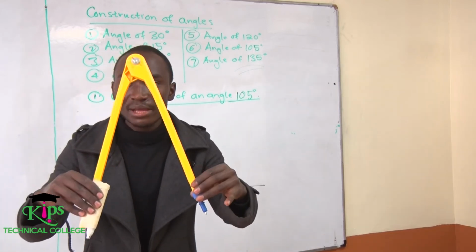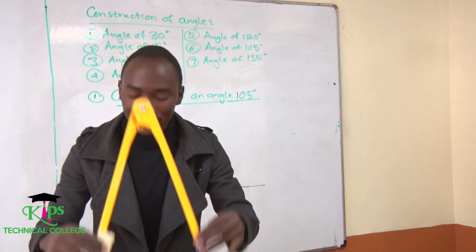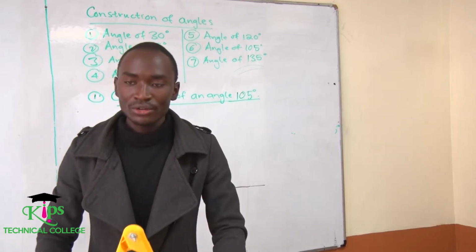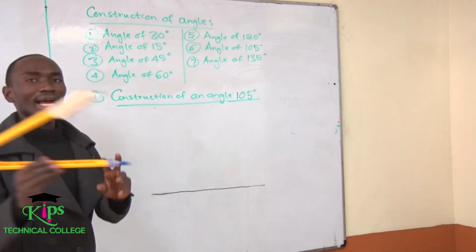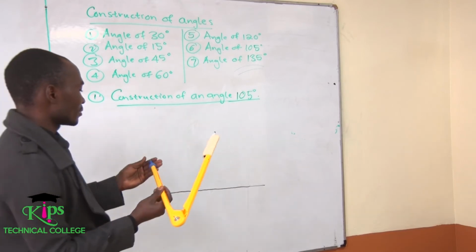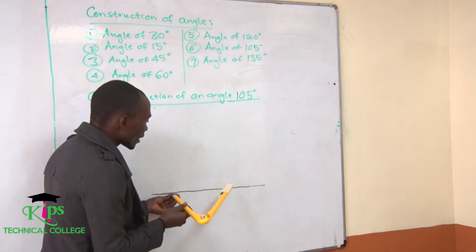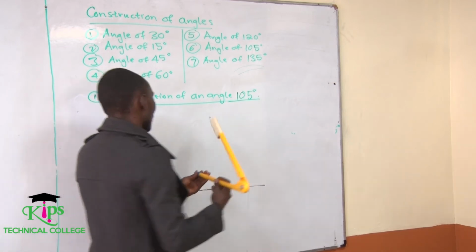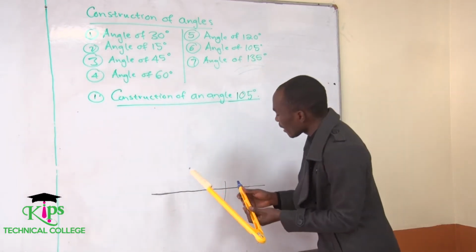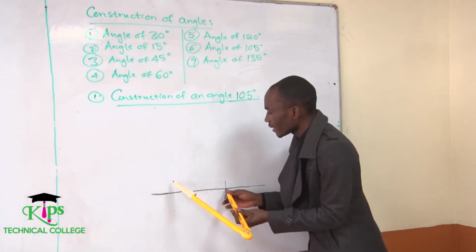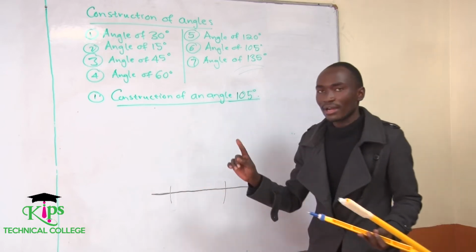Assuming that I've taken my measurements 60 millimeters from my ruler, I will come up here. I will make an arc. I will stand on that same arc that I've made, then make another mark.